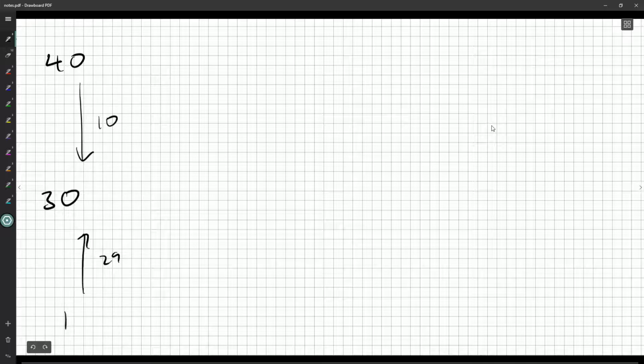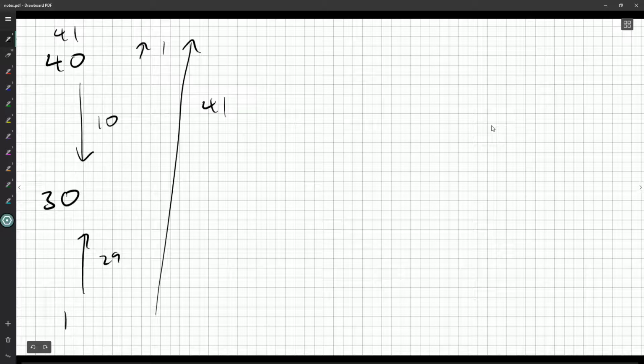If they were to meet at floor 41, this person has to go up by 1, this person has to go up by 41. So we definitely want to minimize. Anywhere they meet between 1 and 40 should be 39 floors for these two people to go through.